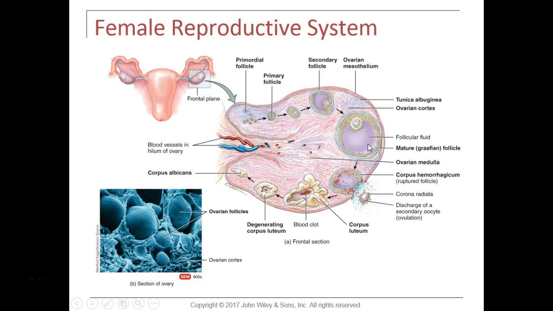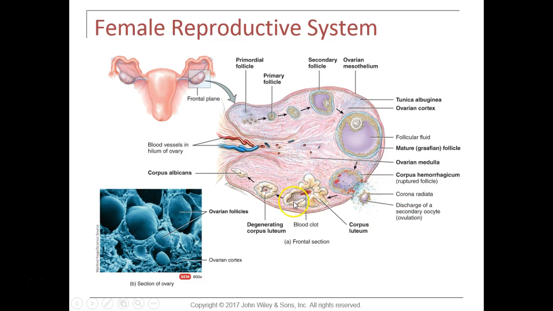So once a month, around the 14th day of a regular 28-day cycle, when this mature Graafian follicle fuses with the surface of the ovary, it ruptures open and releases the secondary oocyte. That's called ovulation.